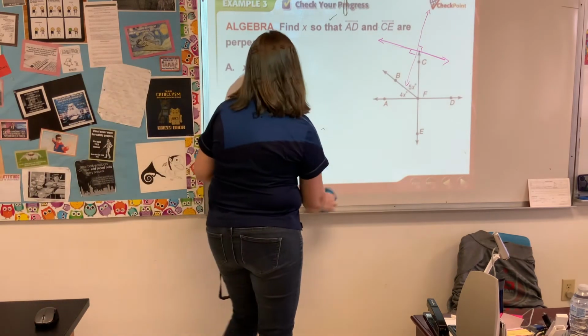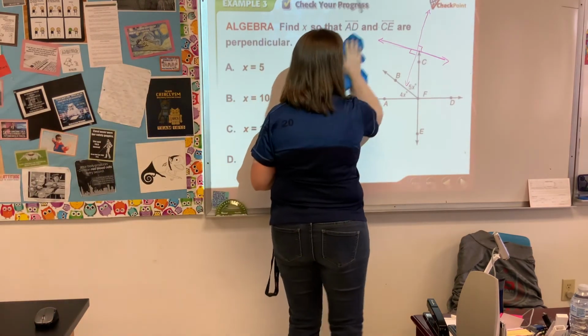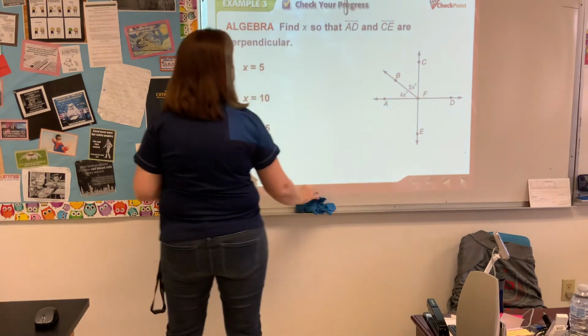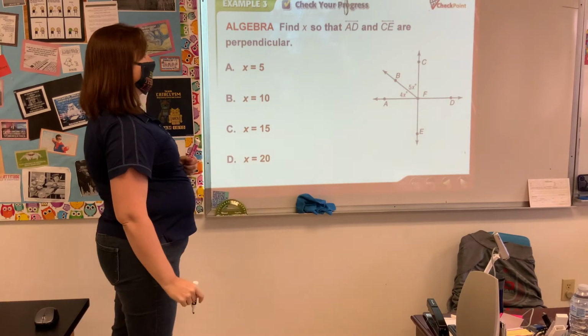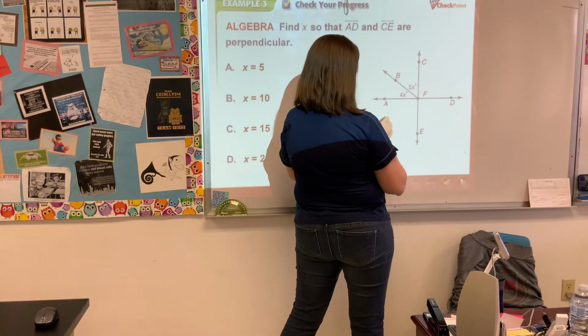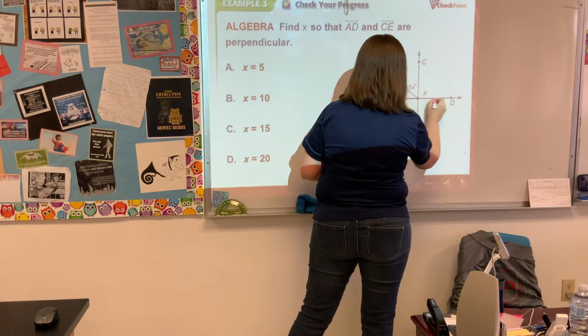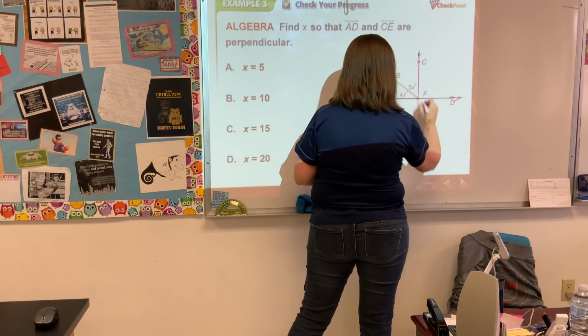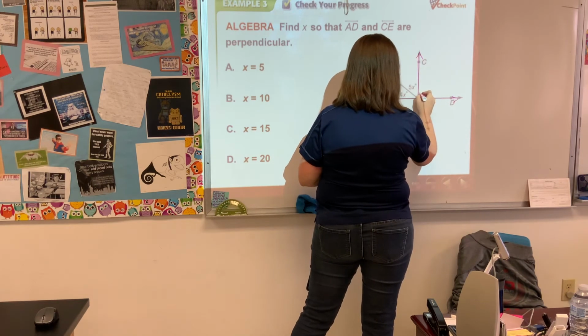So now we have a new figure. Find x so that AD and CE are perpendicular. Here's our AD. Here's our CE. We want to know for sure that this is perpendicular.